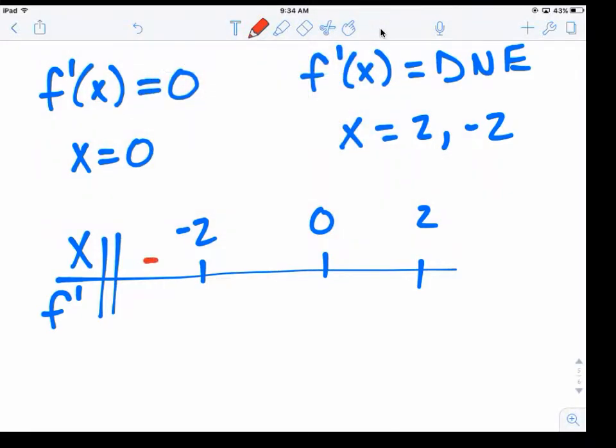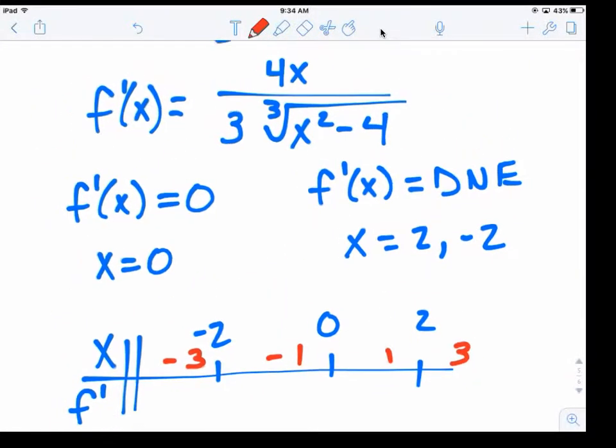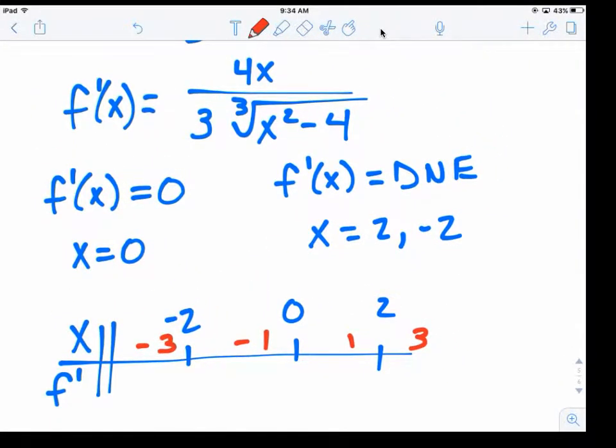All right, so we can do negative 3, say negative 1, 1, and 3. And again, you are plugging them into your derivative, not your original. All right, so if I plug in negative 3, I will get a negative over negative 3 squared is 9. Well, that's positive, right?